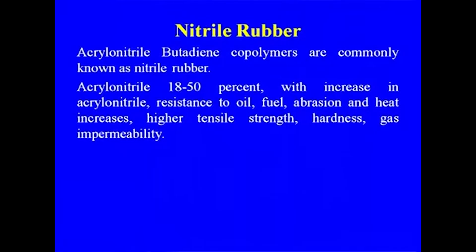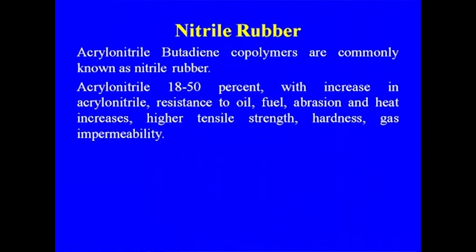Another important class of synthetic rubber is the nitrile rubber, which, as I told you, is the combination of acrylonitrile and butadiene. The starting phase of nitrile rubber was through the non-petrochemical route. Acrylonitrile and butadiene copolymers are commonly known as nitrile rubber.